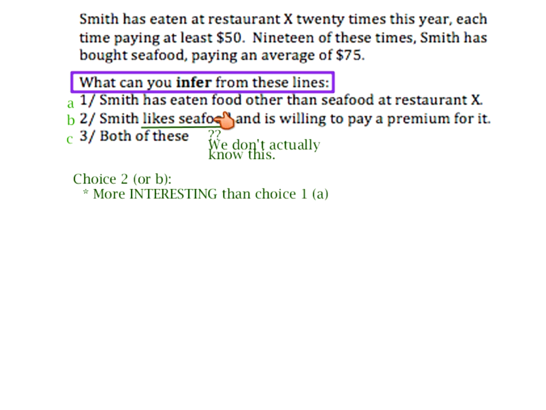So a premium would mean that Smith pays more for seafood than for other types of food, which is not necessarily true. Like an average of 75 doesn't really tell you more than at least 50, because at least 50 could be $1,000 a resident. So it's more interesting, but at the end of the day, it's basically a guess. It seems like a good guess, of course, but still, yeah.